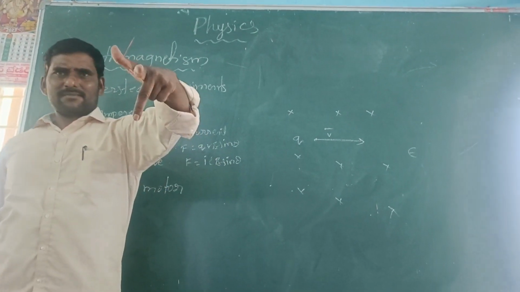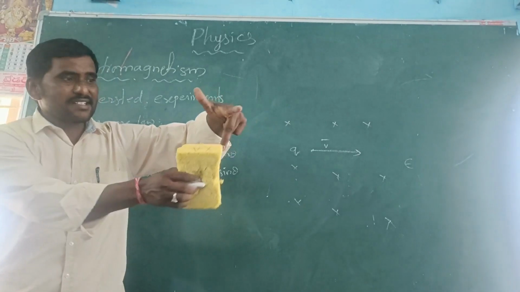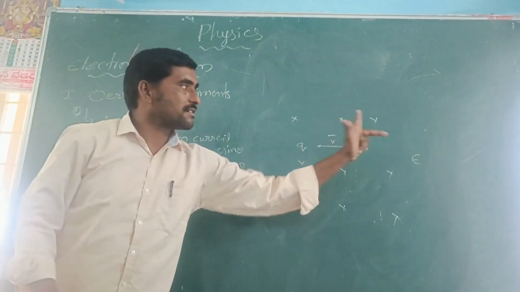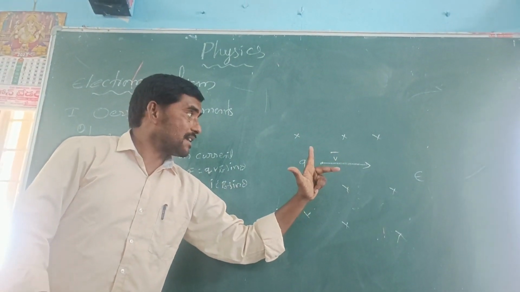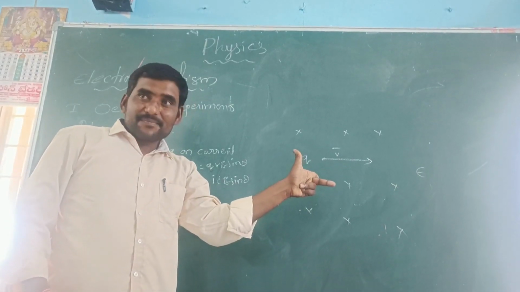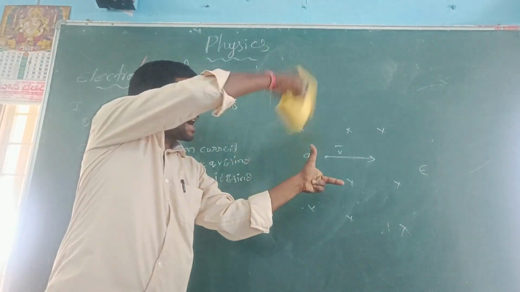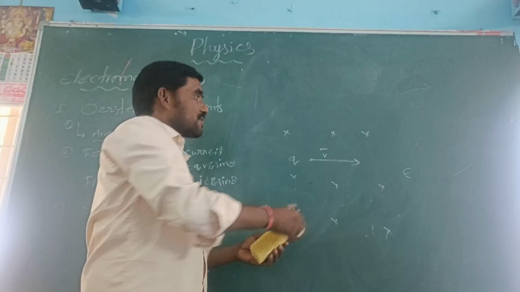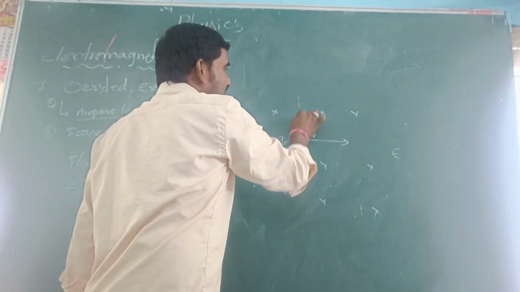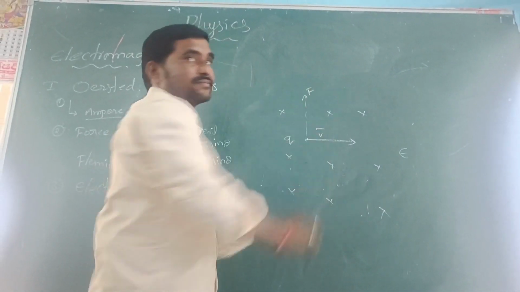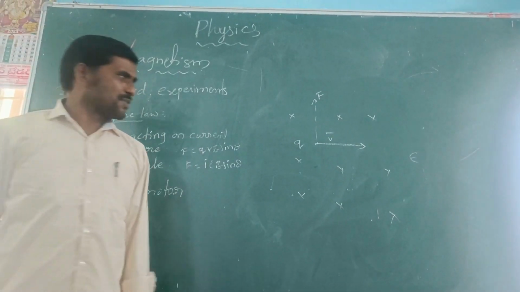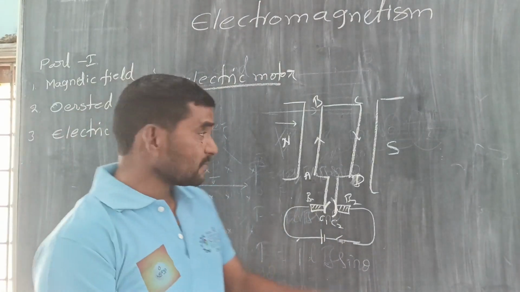Upwards. See here, I am checking. This is the current direction, and the magnetic field is into the paper. So the force acts in the upward direction. Very simple, you can use it.